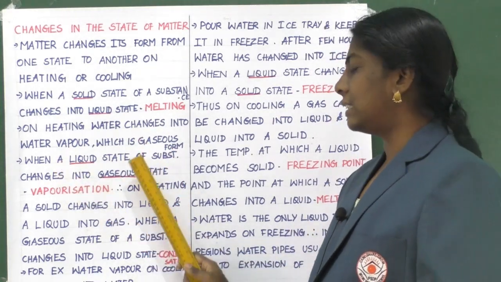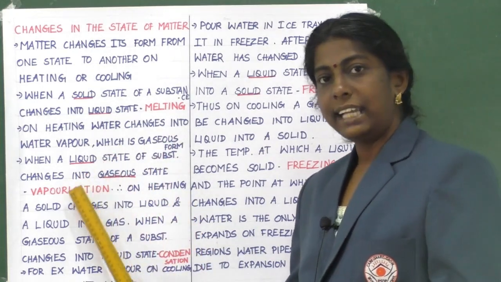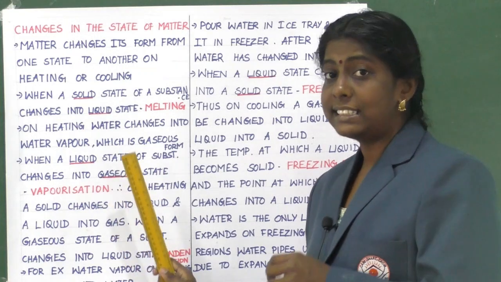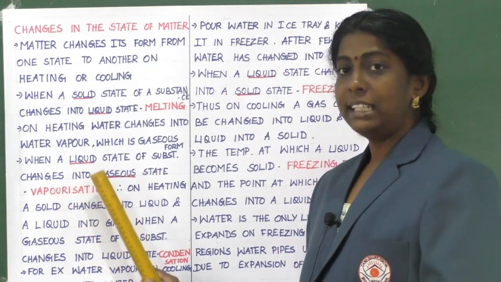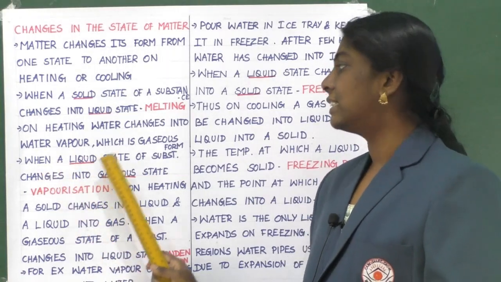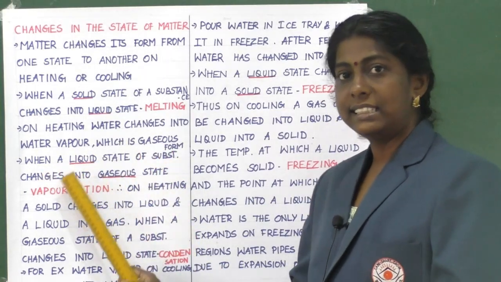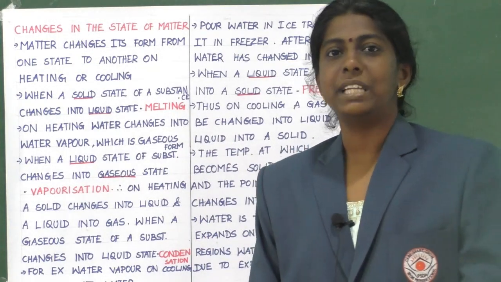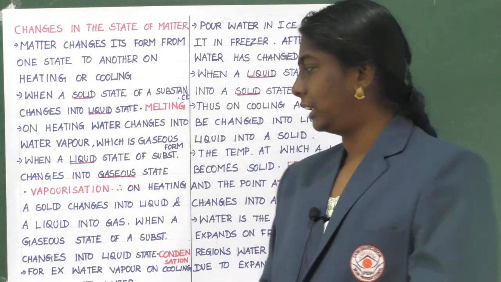When a liquid state of a substance changes into a gaseous state, then that is said to be vaporization. Children, I repeat, when a liquid state of a substance is changed to a gaseous state, that is said to be vaporization.